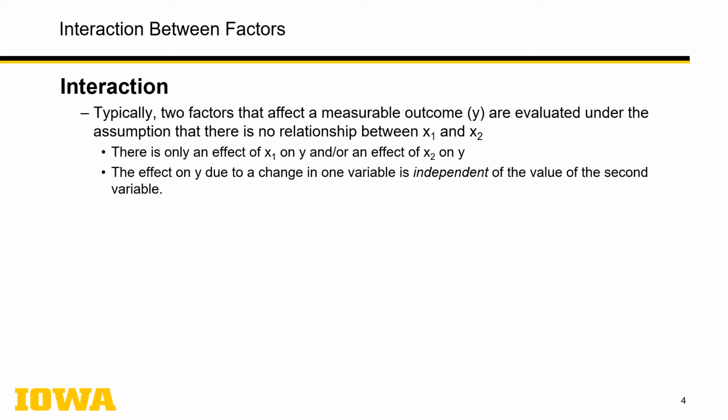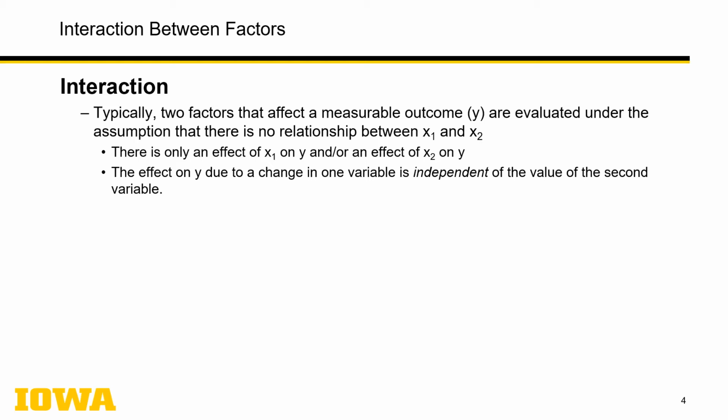You change x1, you expect an outcome difference just due to changing x1 while x2 is fixed. And the same thing with x2, and we fix x1. So there's only an effect of x1 on y, or an effect of x2 on y, while the other is fixed. This is the case of no interaction.